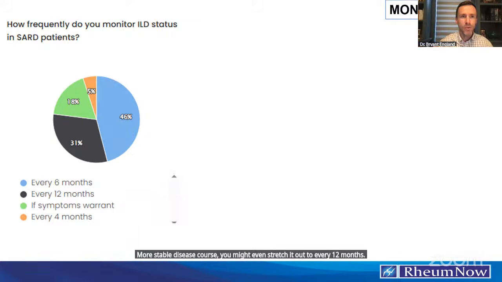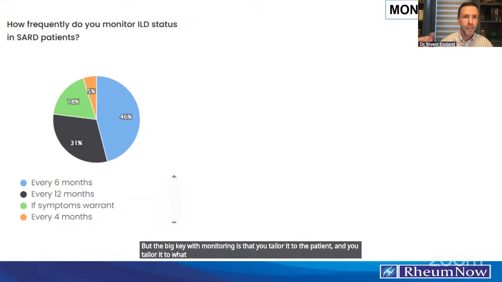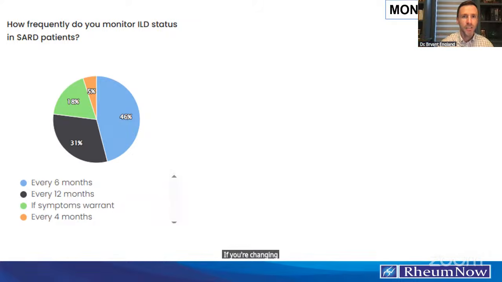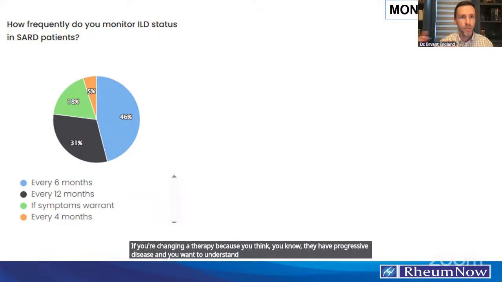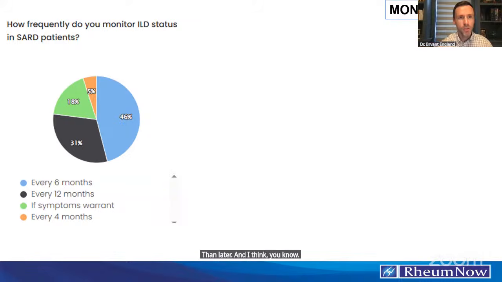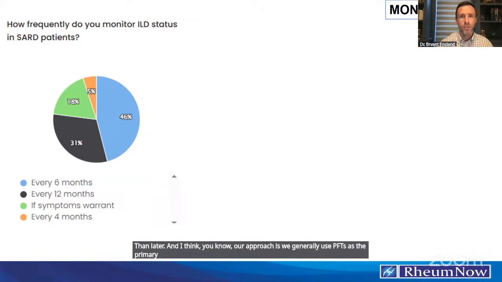But the big key with monitoring is that you tailor it to the patient and you tailor it to what you're doing. If you're changing a therapy because you think they have progressive disease and you want to understand whether or not they're going to have some response to that, then you're going to repeat the PFT sooner rather than later. And I think our approach is we generally use PFTs as the primary thing that we follow over time.